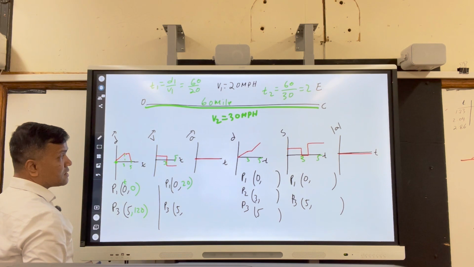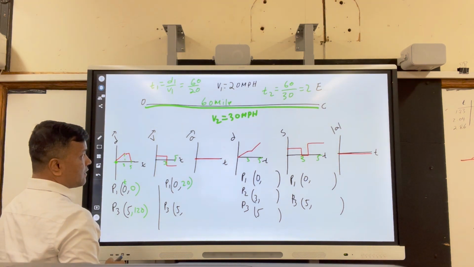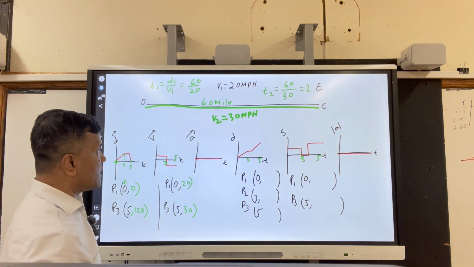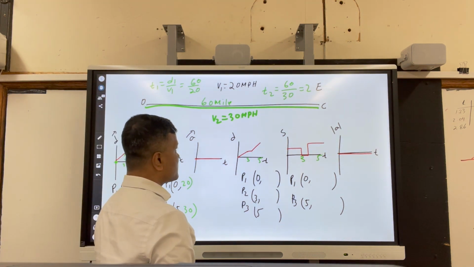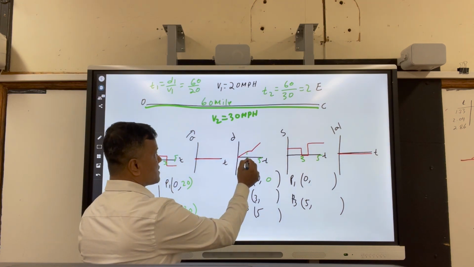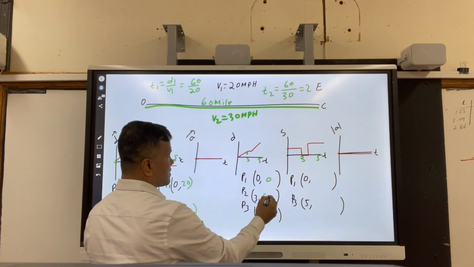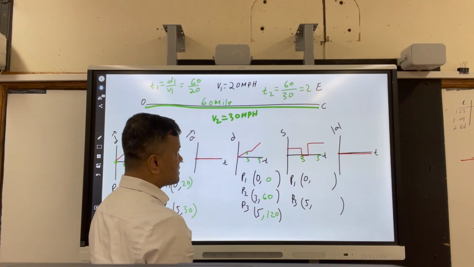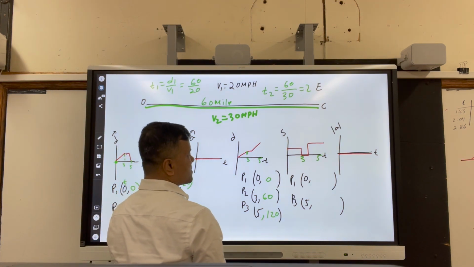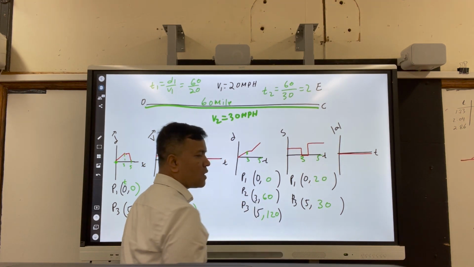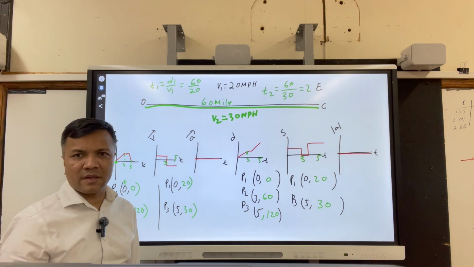When the time is 5 hours, velocity is 30. When the time is 0, distance is 0. When the time is 3 hours, distance is 60. When the time is 5, distance is 120. When the time is 0, velocity is 20. When the time is 5, velocity is 30. Okay, so this is problem number 3.